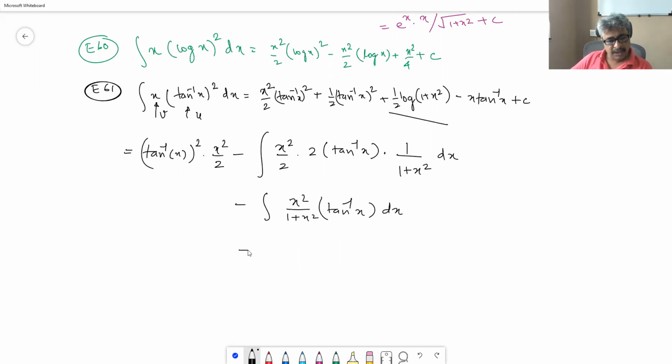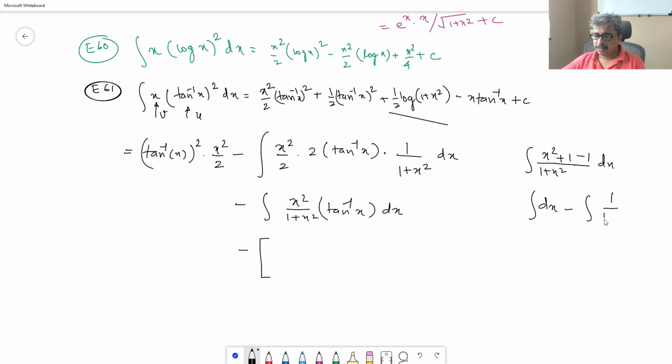So minus, inside bracket, it is better to find out what is the integral of x square upon 1 plus x square, which is x square plus 1 minus 1 dx. So integral of 1 minus integral of 1 upon 1 plus x square dx. Is that right?